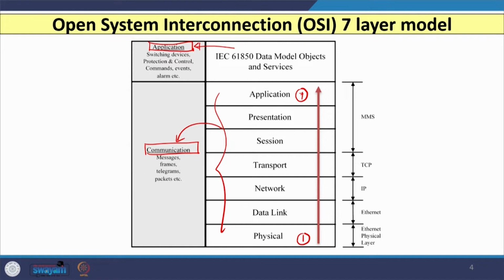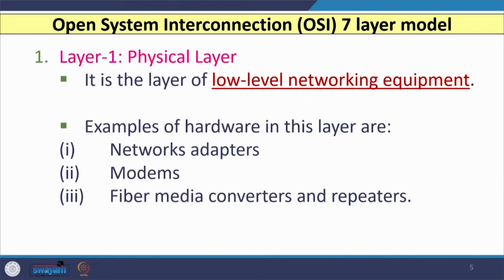So, let us start our discussion with the physical layer. You can see in the layout that the physical layer is the first layer, and there I have mentioned that it is the Ethernet physical layer. Layer 1, that is the physical layer, is the layer of low level networking equipment.